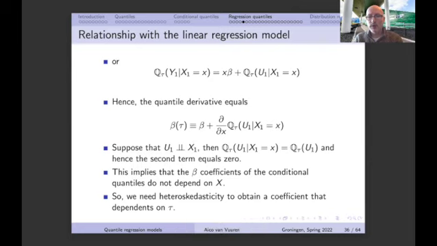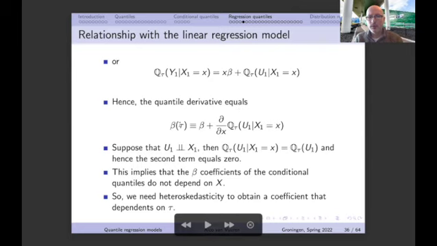But that means, of course, as well that the inverse distribution function also no longer depends on x1. And since the quantiles are nothing else than inverse distribution functions, that means that the quantiles of u1, conditional on x1 equal to x, are simply equal to their own quantiles without conditioning. But that means, of course, that this part over here then simply becomes equal to 0.